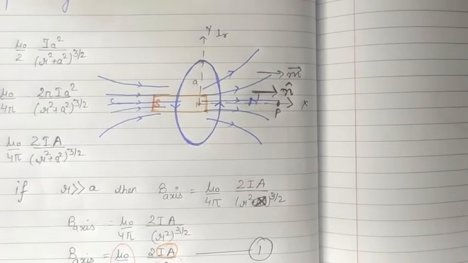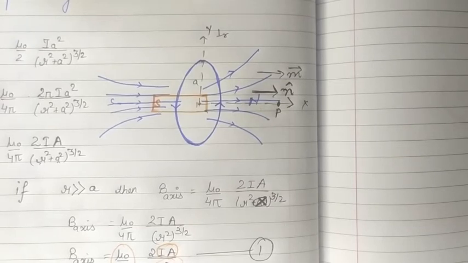But if we have a current carrying coil instead of a loop, consisting of N turns, in that case we have to multiply this dipole moment by the number of turns.